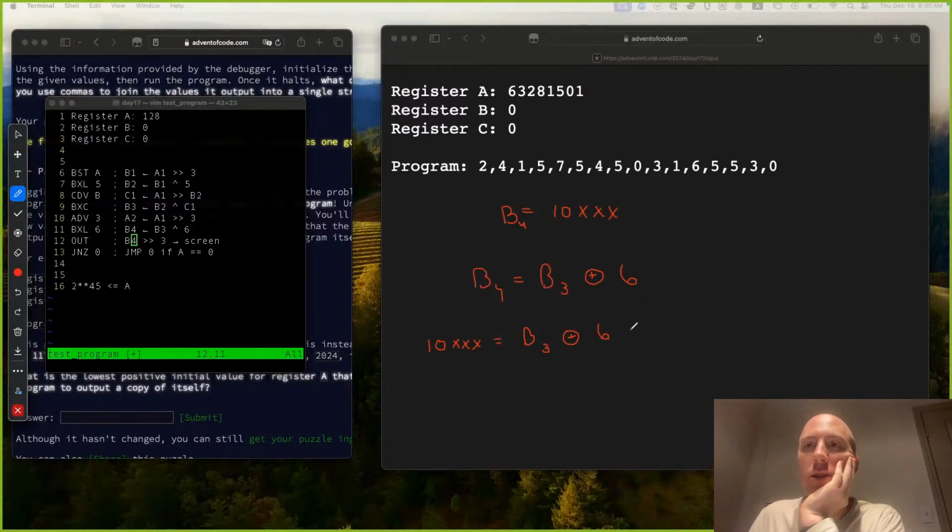So we want to do the inverse XOR of 6 on this side, and then the inverse XOR of 6 over here. And this would cancel out and we would get B3 is equal to this.